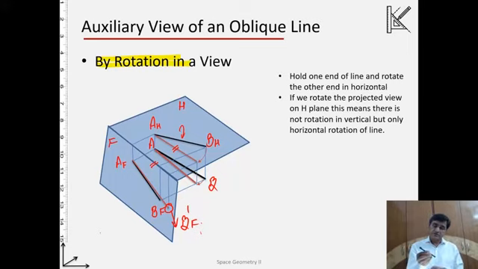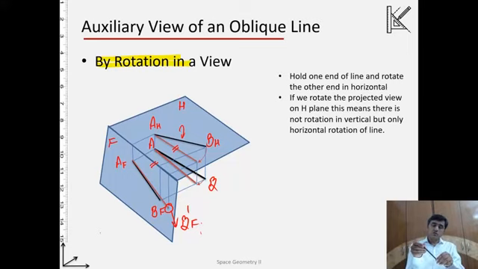If you visualize the rotation of this line, holding this end fixed and rotating it, what is happening to the projection of this point B onto the frontal plane? It is moving along a line. It is rather oscillating, just oscillating like this.